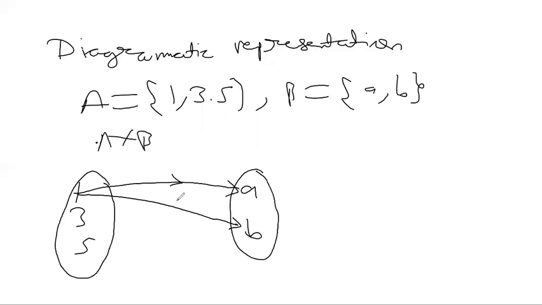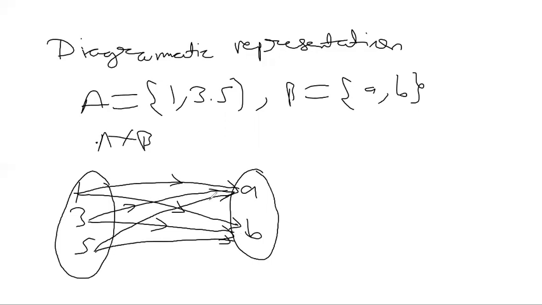Then from 3 to a, one arrow here, and from 3 to b, one arrow here. From 5 to a, 5 to b.